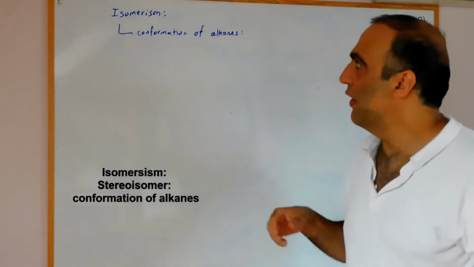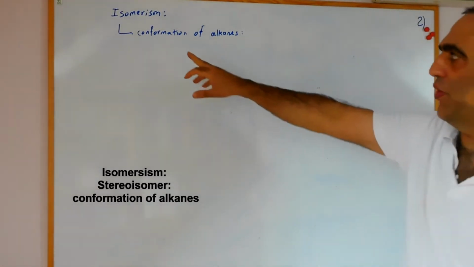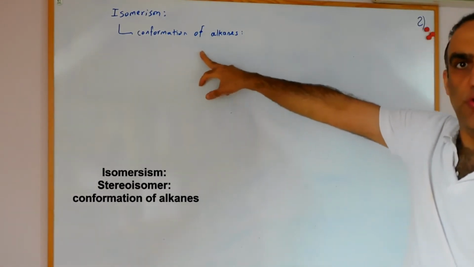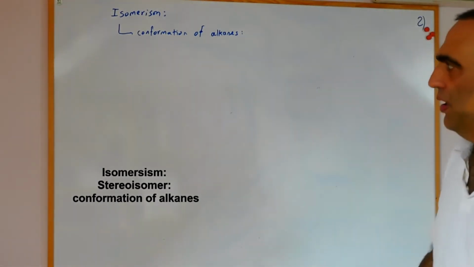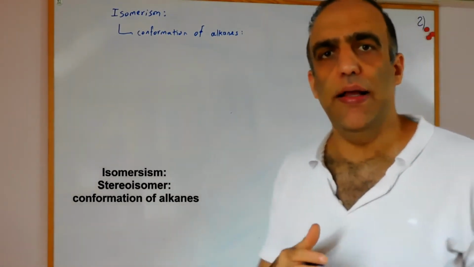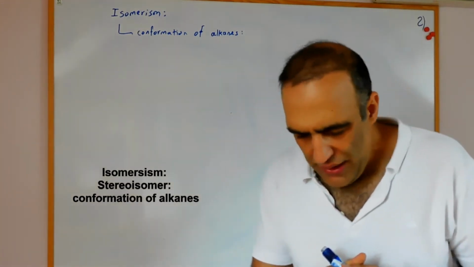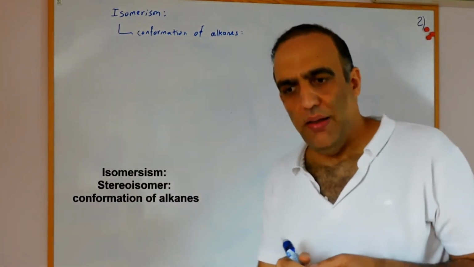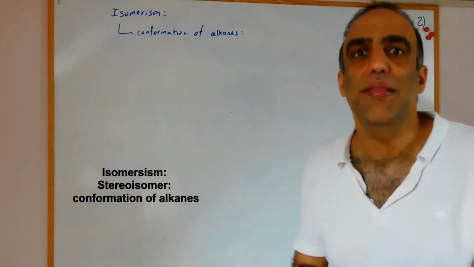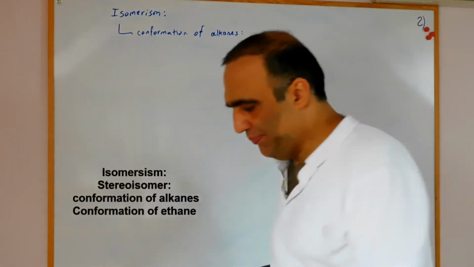We continue with the conformation of the alkane. As you know, conformation of an isomer is a spatial arrangement of the different atoms or functional groups. I start with two examples and explain the energy level in the alkane in different conformations and what situation we can see in this part.